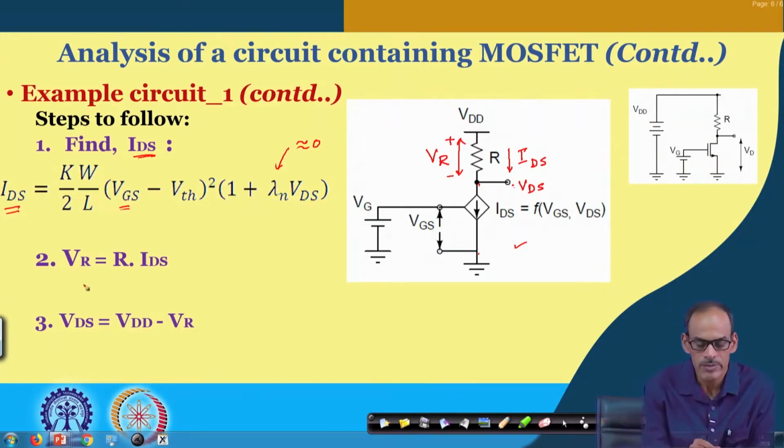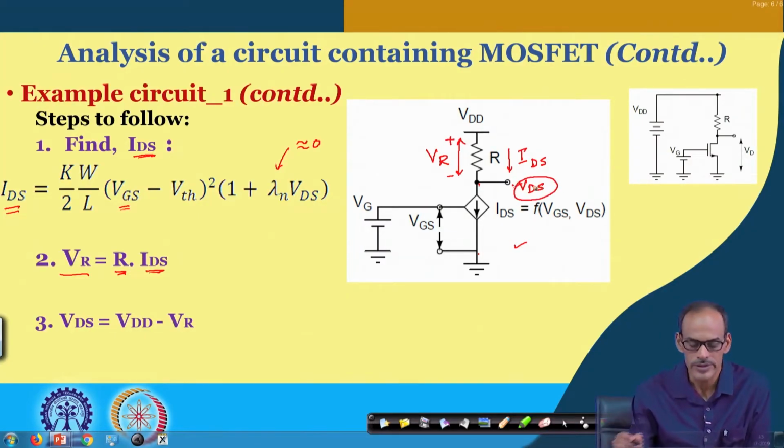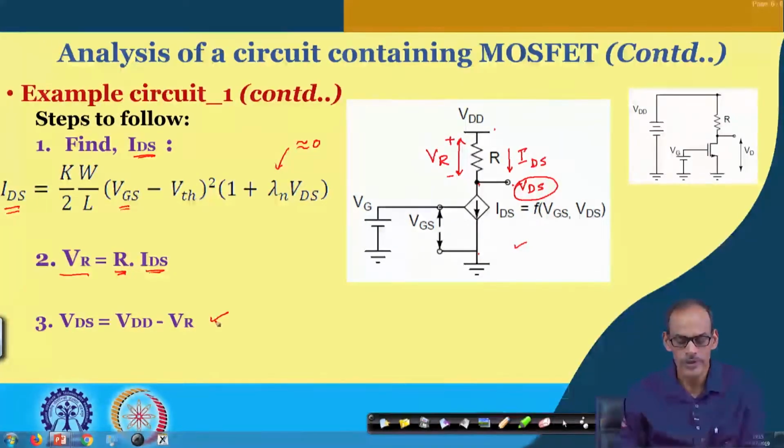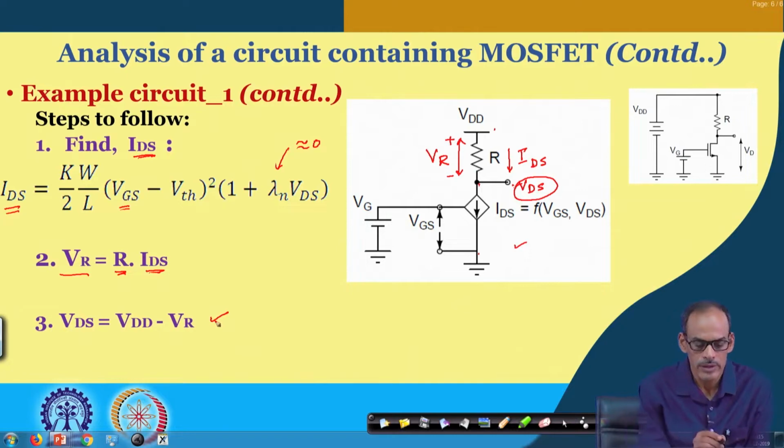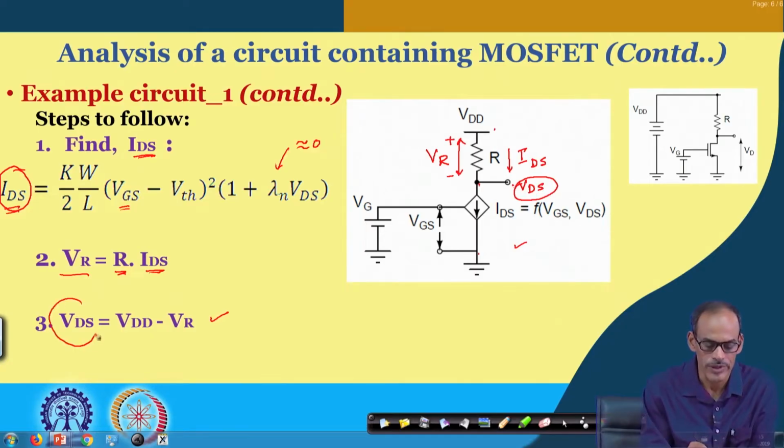So, the second step is IDS multiplied by R, which gives us the drop across this resistance. Now, to find this VDS, which is VDD minus this drop. That is the third step, and following this we can find the circuit solution, namely the current and the corresponding voltage here.